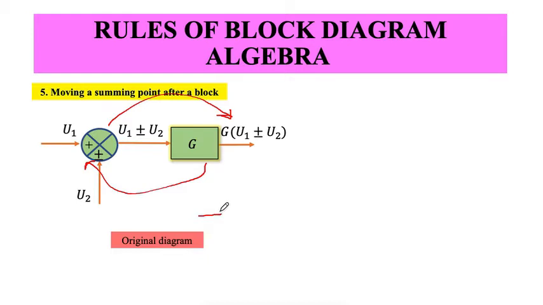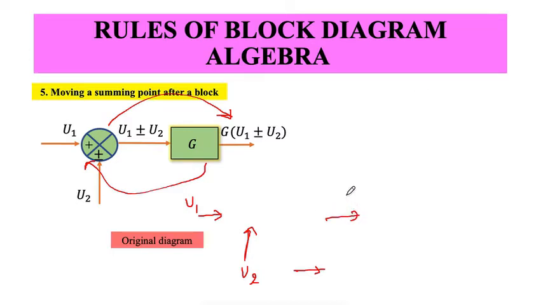So I am having my input as u1. What doesn't change: u1 is given to me from outside, so I just can't change anything here. Then u2 comes from here. And the output is measured at this point.